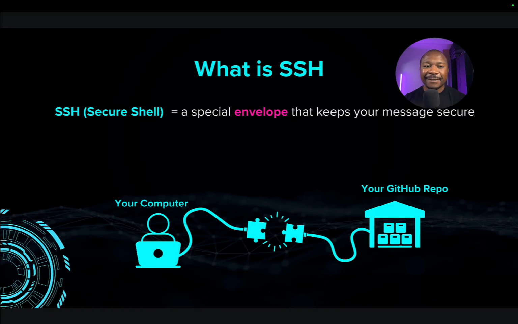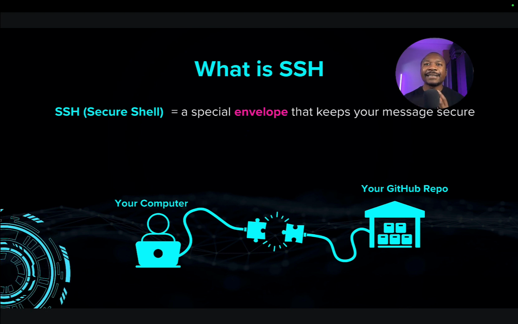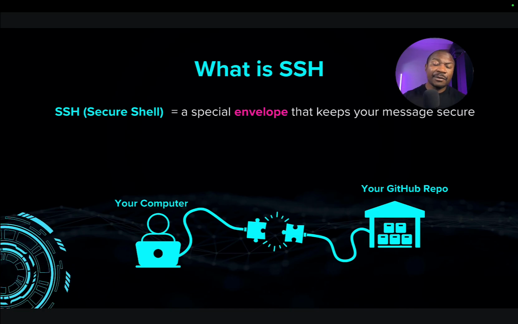SSH simply stands for Secure Shell, and it is a special envelope that keeps your messages secured. Online, it's not only a GitHub thing, but a common way for secured information to be transmitted between two machines or two computers that are communicating.